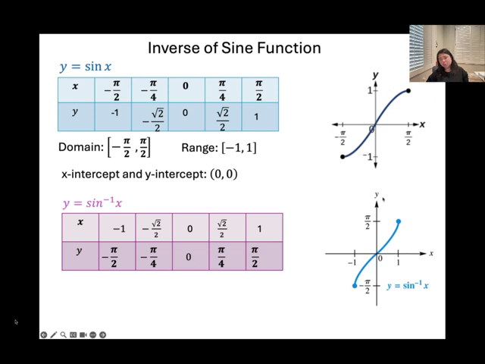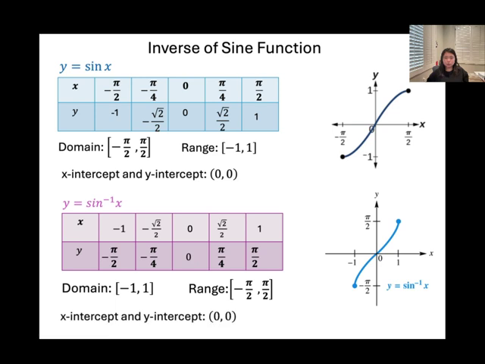And for this one, you could just shift the paper and it's going to go that way. The domain will be the range, negative 1 to 1, and the range will become the domain here, negative pi over 2 to pi over 2. Memorize the range, okay? The x and y intercept will be the origin.